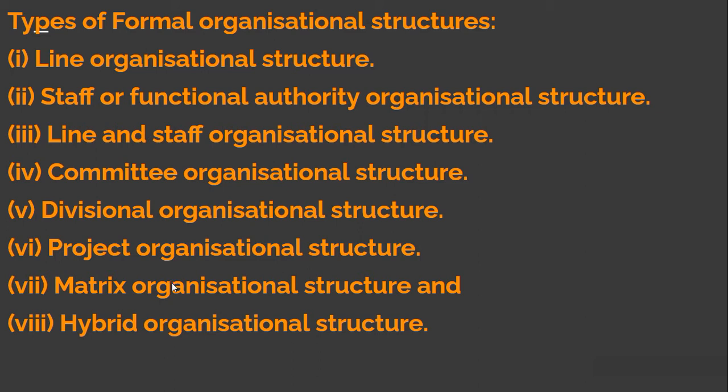You need to follow my lectures and you can get the idea of all the types. I'll be covering a few in this session and a few in the next session. Types of organization structure according to the traditional theory are line, staff and functional. According to the modern theory, they are committee, divisional, project, matrix, hybrid structure, and virtual or network organization structure.